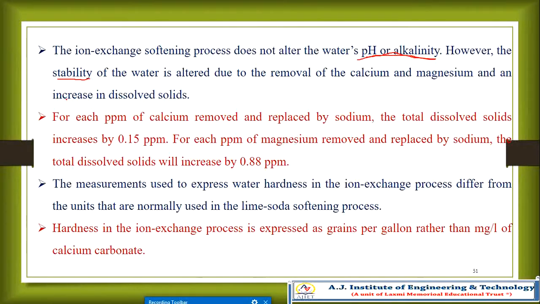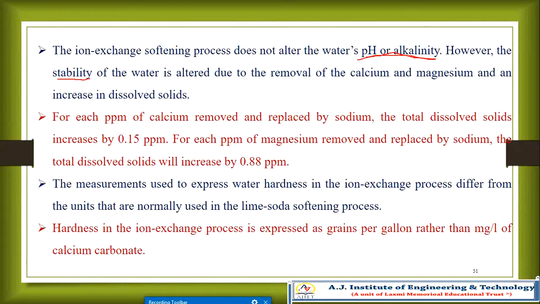It is altered due to the removal of calcium and magnesium and increased dissolved solids. So that is little altered.